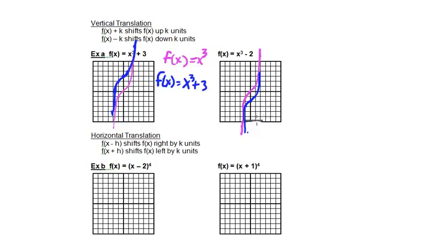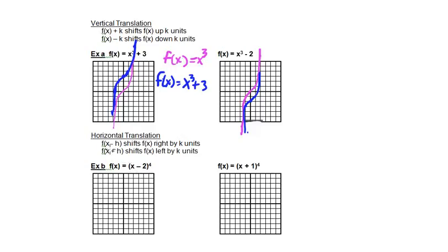In contrast, horizontal translation is going to happen when you have a number which is added or subtracted from the inside of the function. So in example B, we see that the basic function here is x to the 4th power, or a 4th powered function, but the adding and subtracting is done not to the outside, out here, but on the inside, very close to the x.